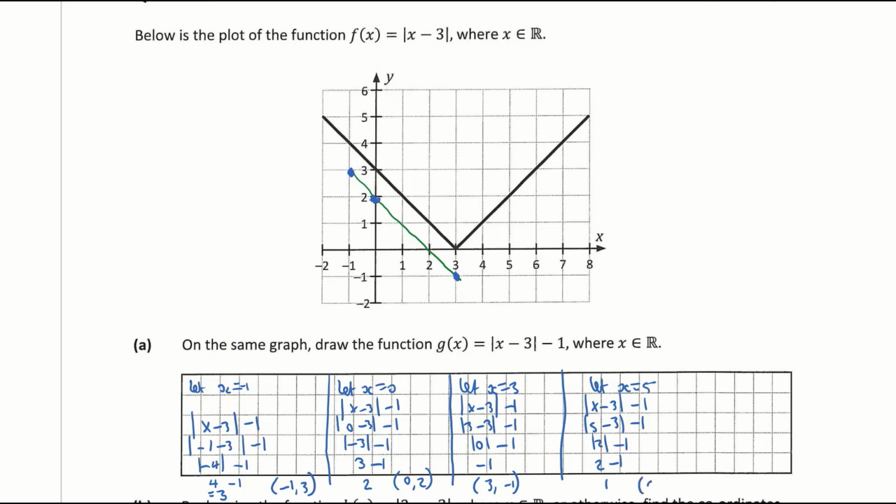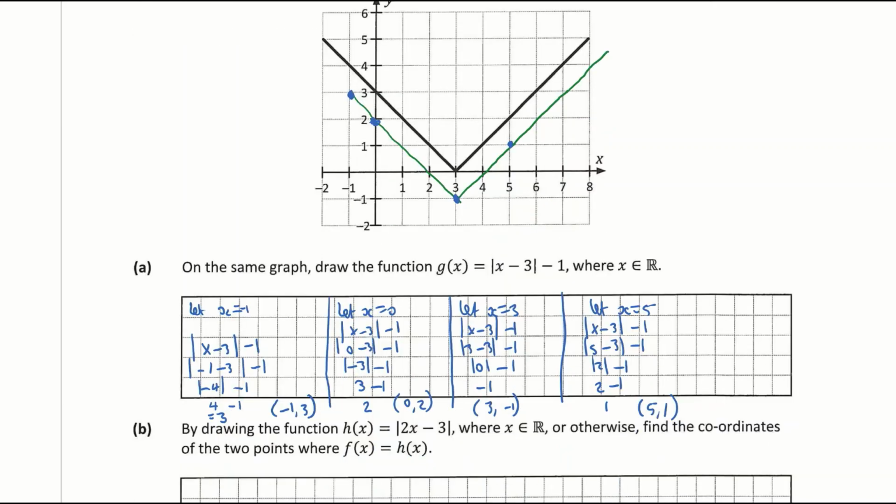So my couple there is 5, 1, and I plot that, and you can see the same pattern is occurring as I go up from positive 3. So I go here, here, and I will go through the corners of these boxes. So that's on the same graph, draw the function g of x. Again, you can plot all points, but hopefully you can see that the pattern is occurring here.